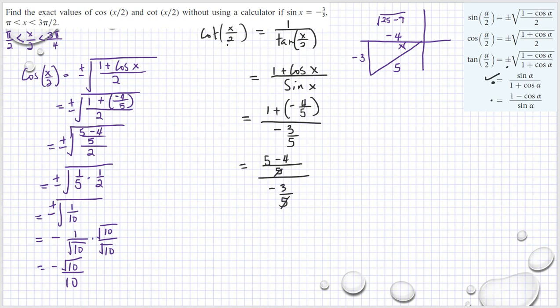This will become 1 over negative 3, which is negative. And tangent in the second quadrant is negative, so it's also negative for the cotangent. So that's alright.